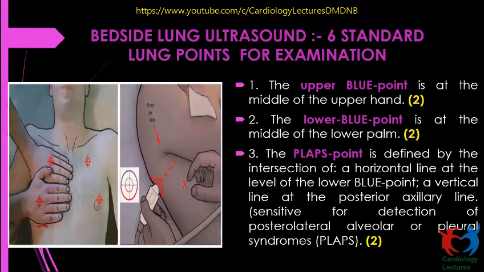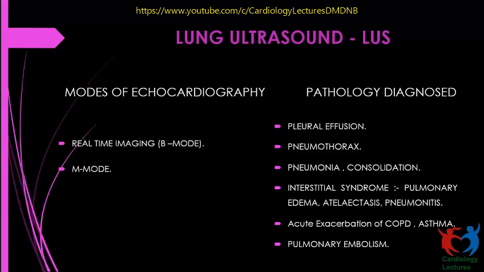So the upper BLUE point is at the middle of the upper hand. The lower point is middle of the lower palm. The PLAPS point is defined by the intersection of the horizontal line at the level of the lower BLUE point and the vertical line at the posterior axillary line, sensitive for detection of posterolateral alveolar and pleural syndromes. If you do it on both sides, they become 6. So it is 6 BLUE points of the lung ultrasound.